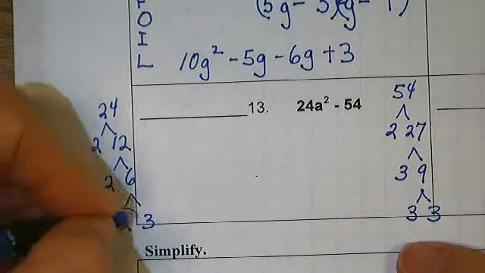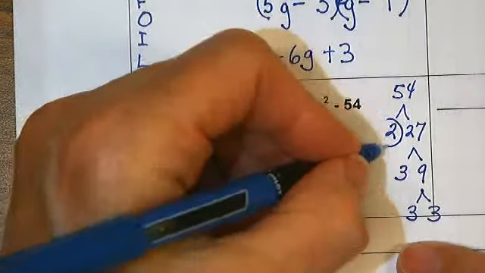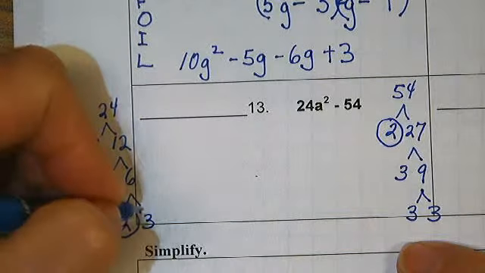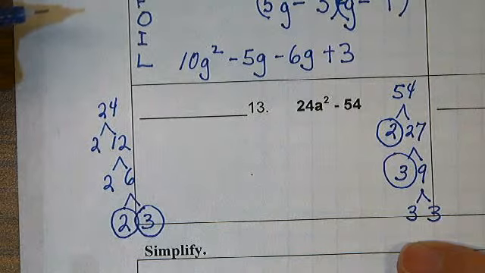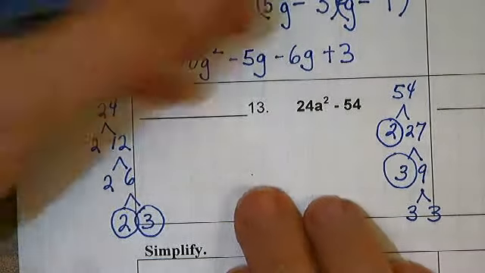So I have a 2 and a 3. My greatest common factor is going to be 6.